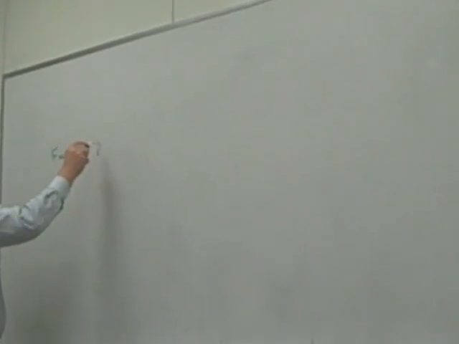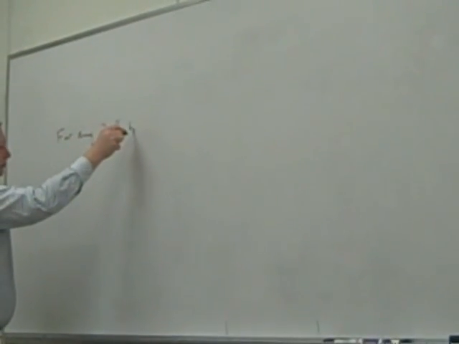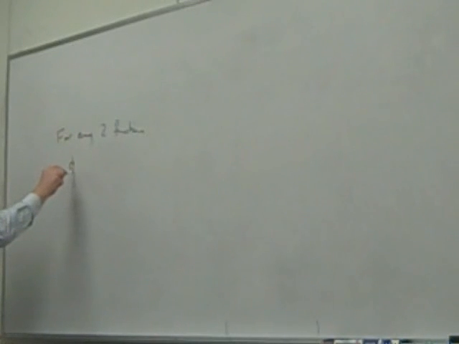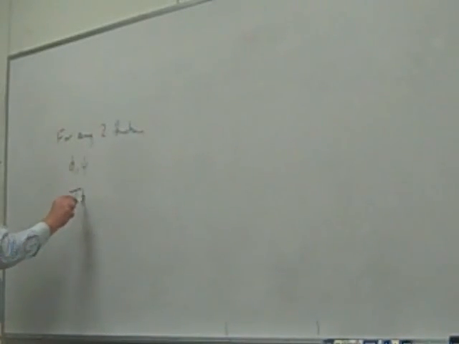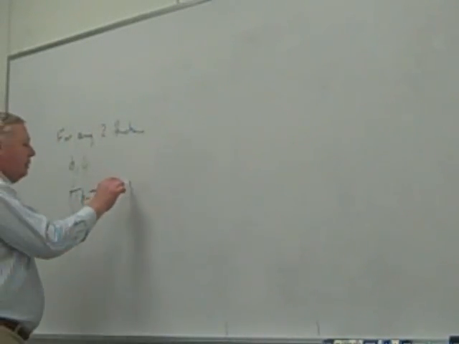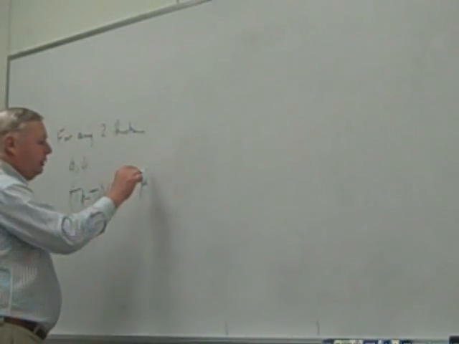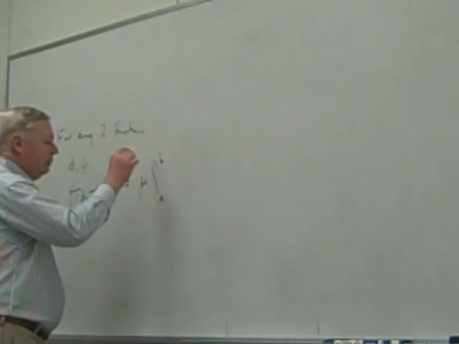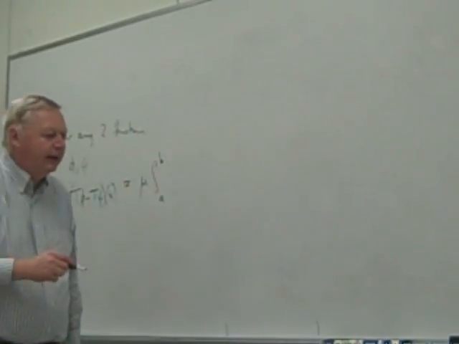For any two functions, phi and psi, T phi minus T psi at x will be mu times the integral from a to x.